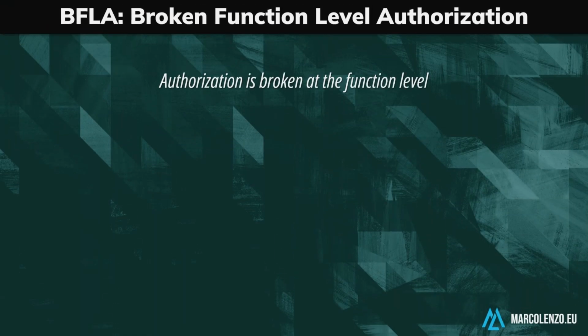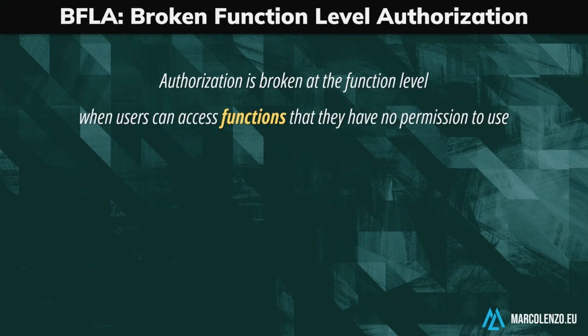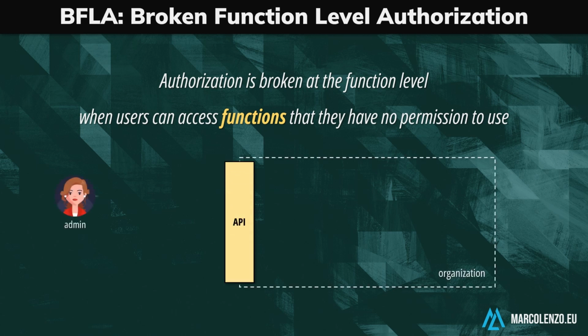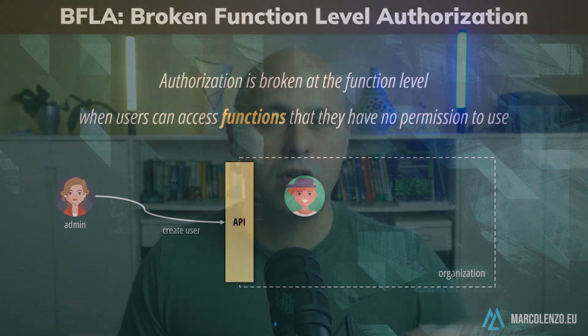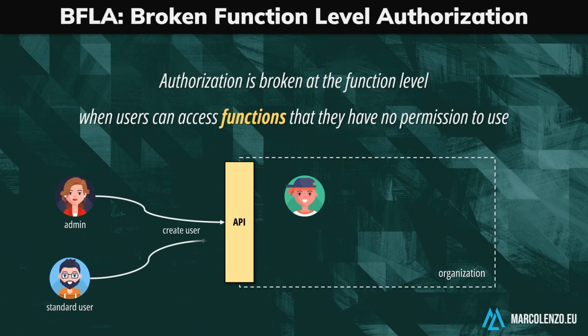Authorization is broken at the function level when users can access functions that they have no permission to use. Imagine we are building a multi-tenant system where each organization has only one administrator authorized to add or remove users. User management APIs must be inaccessible to standard users.